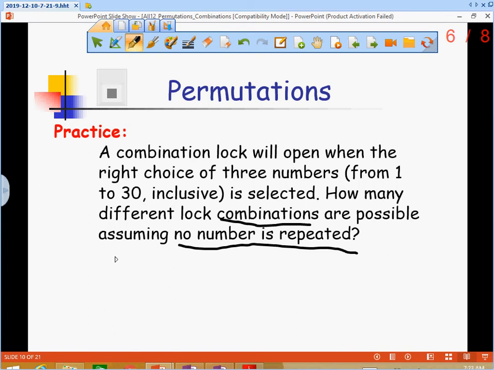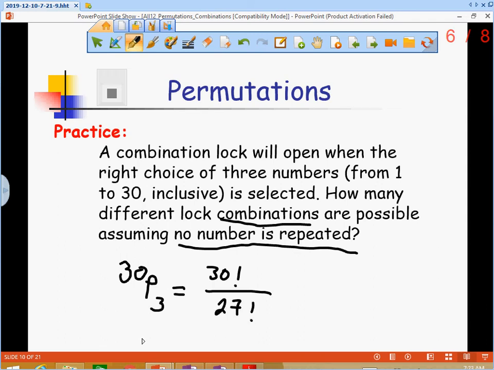I'm going to choose how many numbers? 3 numbers. From how many? So it's 30P3. And easily you can use a calculator to find 30 factorial over 27 factorial.